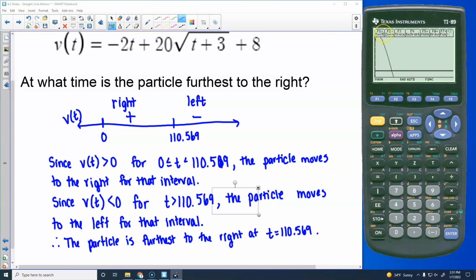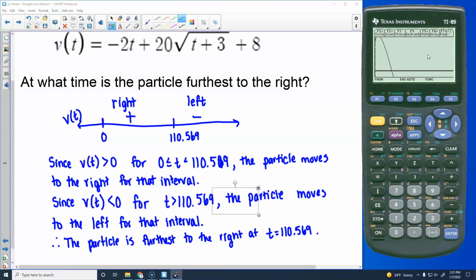And thankfully this worked out here, because if this had turned back up and crossed the x-axis again, if it ever went back to the right again, we really wouldn't be able to answer this question without knowing the position function. We wouldn't know which one's actually furthest.